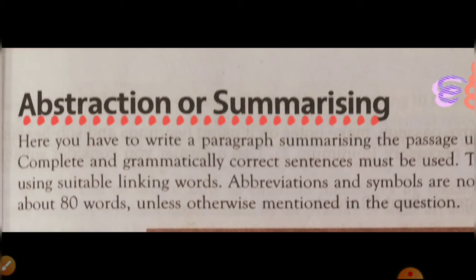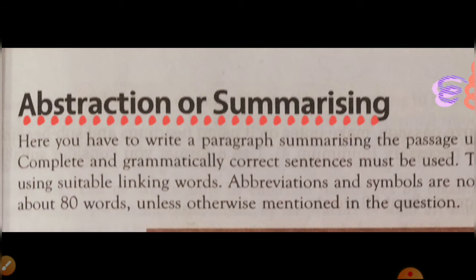Those lines are not complete sentences, they are only phrases. So first of all, we have to construct complete sentences. Then, all those sentences must be made into one paragraph. That means we have to connect those sentences with the help of connectors, that is, conjunctions like and, but, or, but also. And it should be grammatically correct.